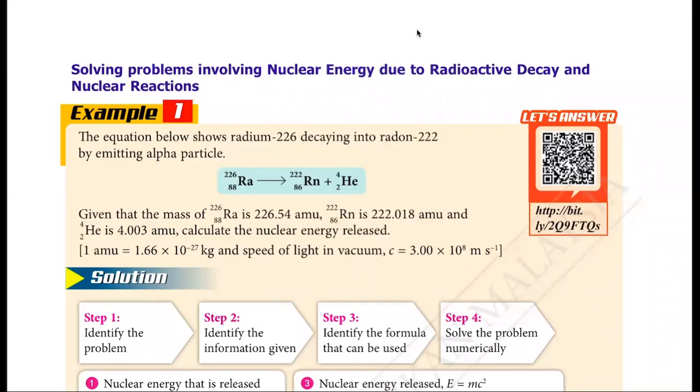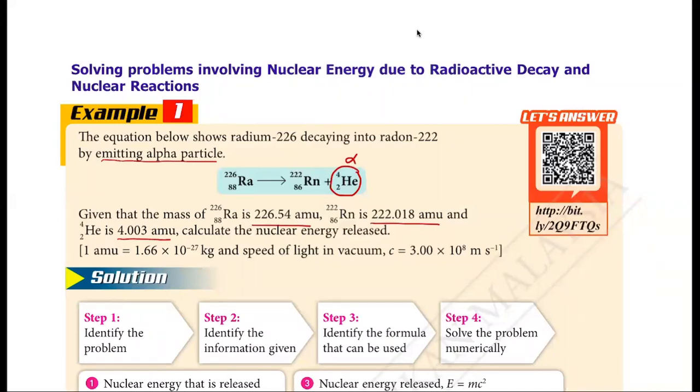The equation shows a radium 226 decaying into radon 222 by emitting alpha particle. Emitting alpha particle means it will include the helium nucleus in the equation. You are given the mass of the radium, the mass for radon, and the mass for helium.